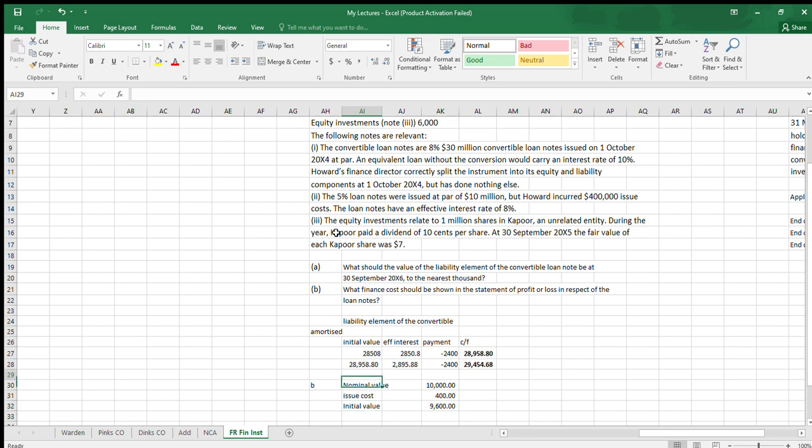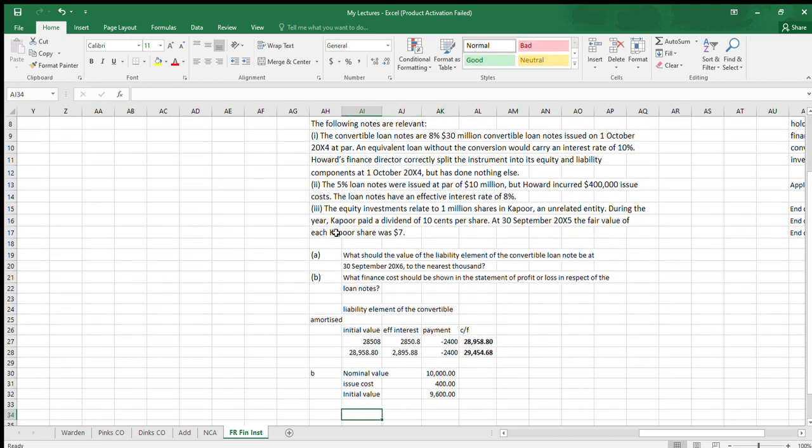Now, the loan note has an effective interest rate of 8%. So your initial value 9,600 multiplying 8%. I have relaxed because it's very simple. The question is saying that the finance cost will be shown in the profit or loss.